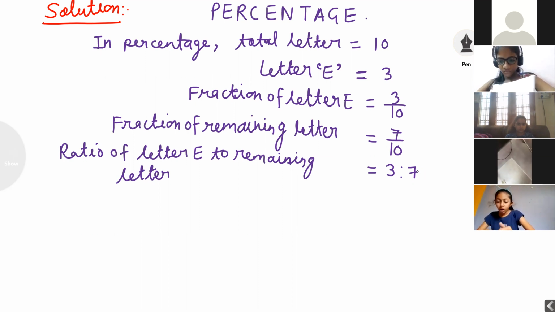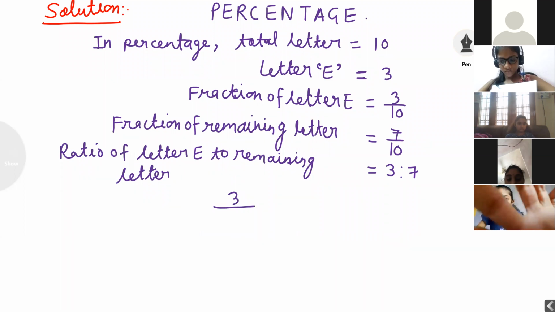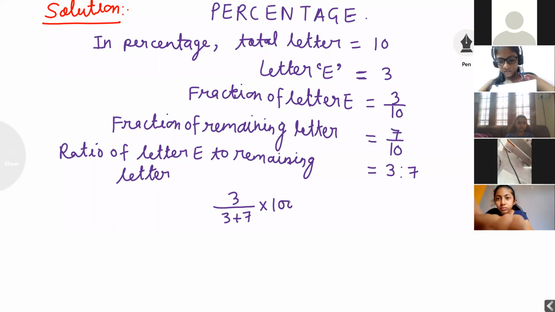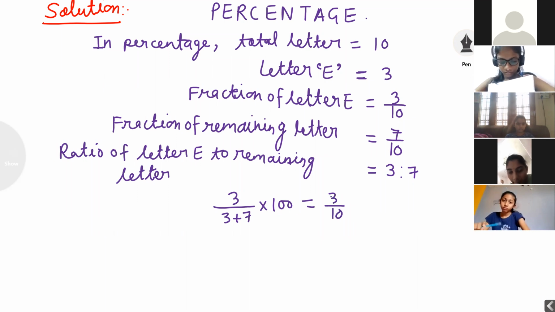Then I can write here first term by total term, 3 plus 7, into, since I want to find the percentage, 100. What can we write here? 3 by 10 into 100. 10 and 10 cancel, 30%.